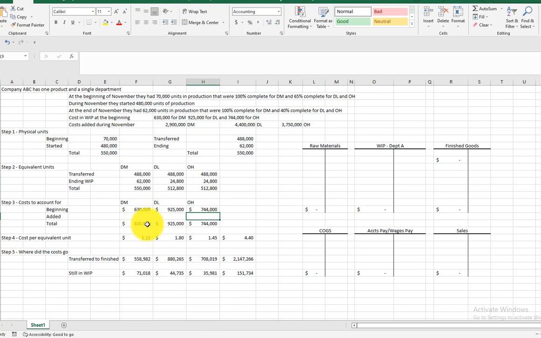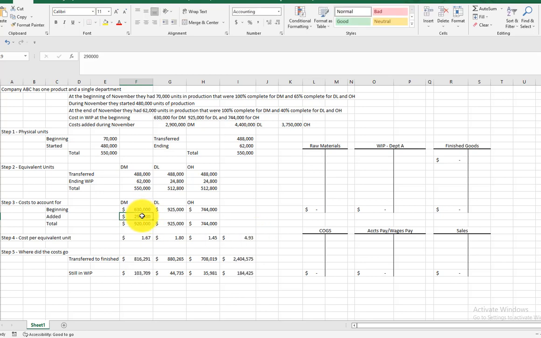Now I have automatic formulas that are going to add my total costs as I put in the numbers. The added costs, and remember the added costs would be debits to our work in process. Okay?